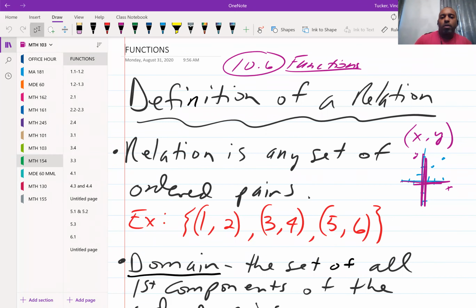All right, so we're going to start off with the definition of a relation. A relation is any set of ordered pairs. So here's an example of that: 1, 2, 3, 4, 5, 6.